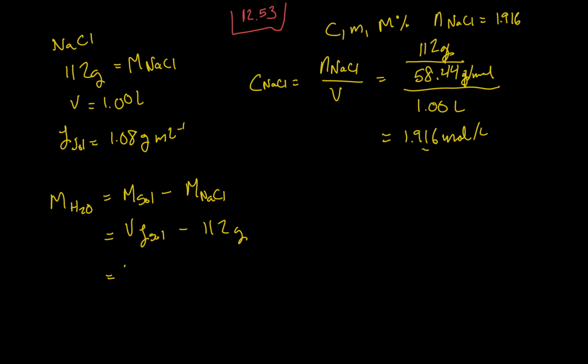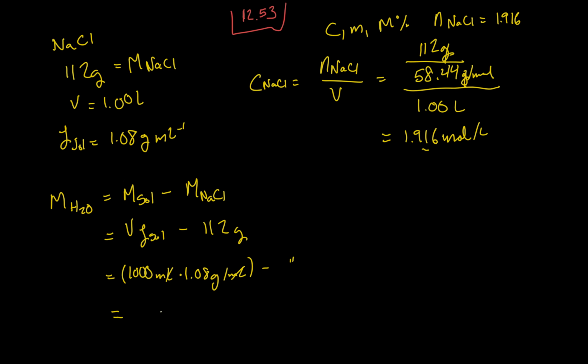So that is going to give us 1,000 milliliters times 1.08 grams per milliliter. We cancel both of these out, and we'll have an answer in grams, still subtracting the same number.